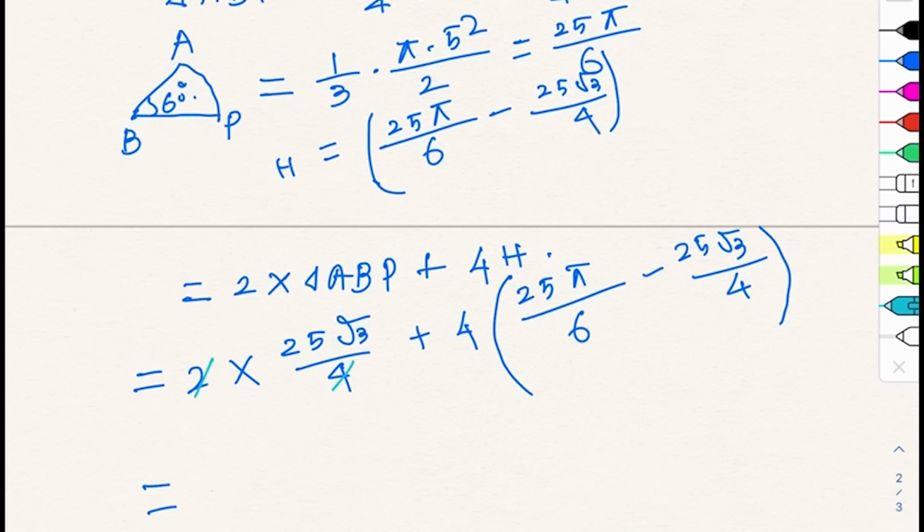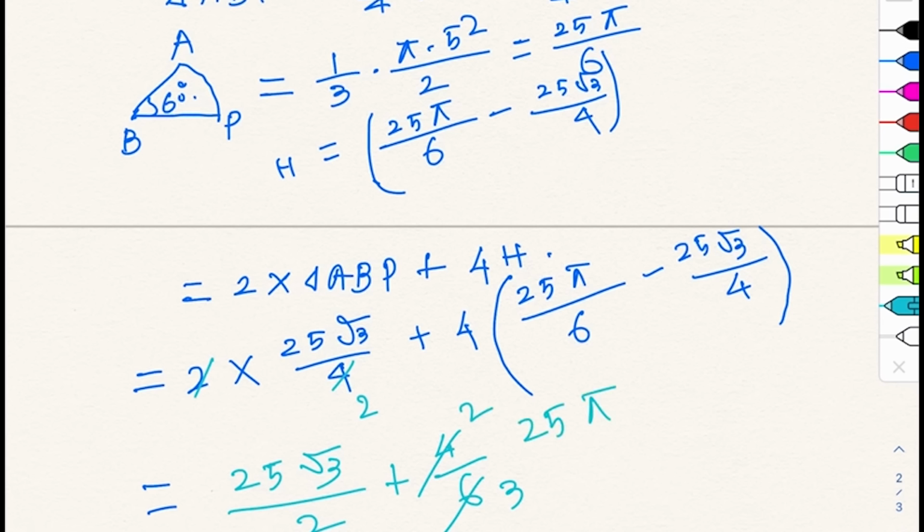2 and 4 is 2, that is 25 root 3 by 2, plus 4 by 6, that is 2 by 3, into 25 pi, minus 25 root 3.